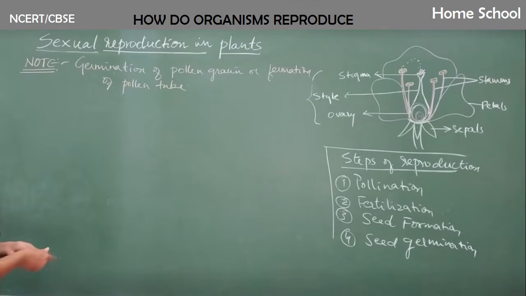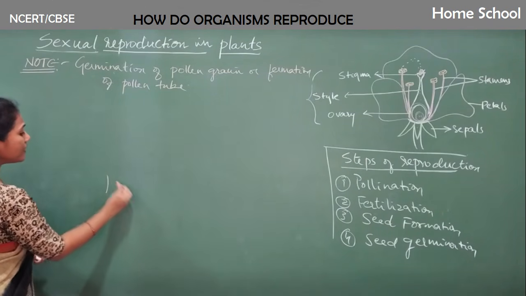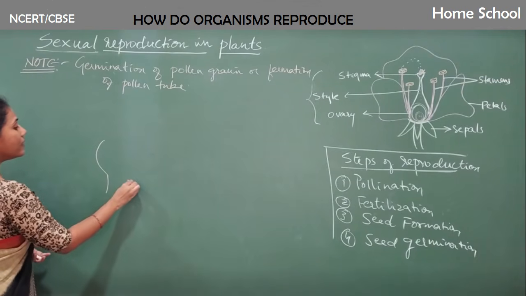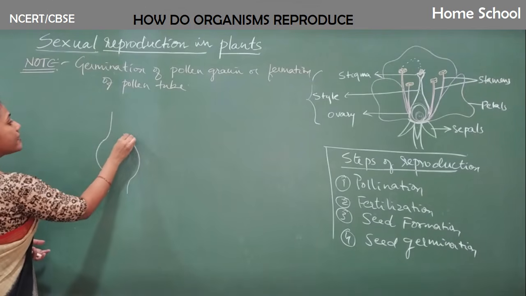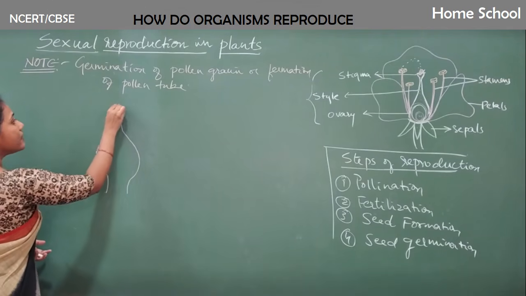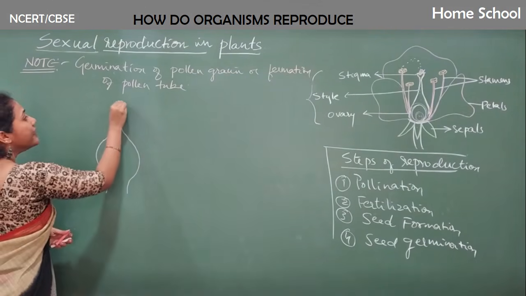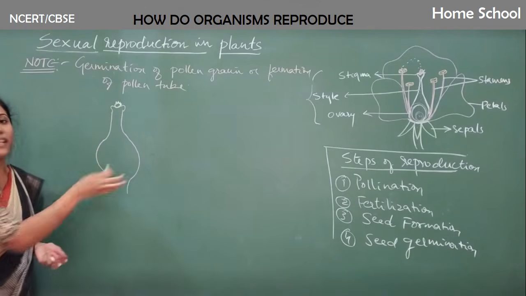What actually happens here is, let me show it through a picture. Say this is our ovary, right? Ovary, style, stigma. Imagine our pollen grain is coming and sitting here, carrying the male germ cell.